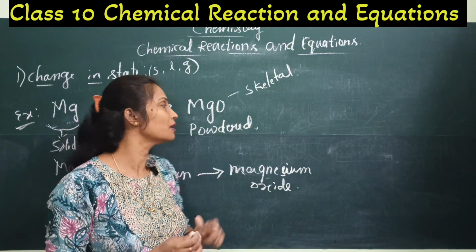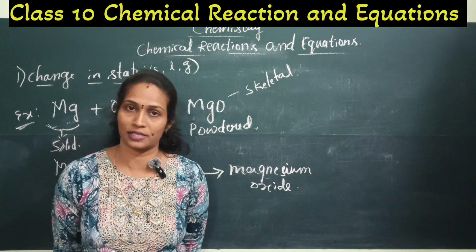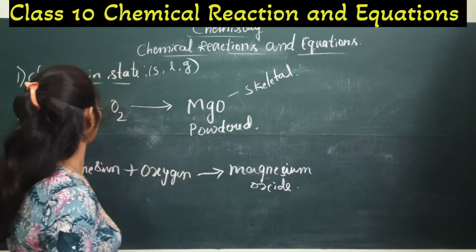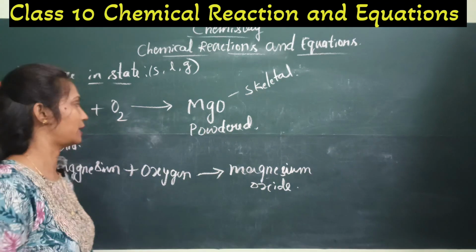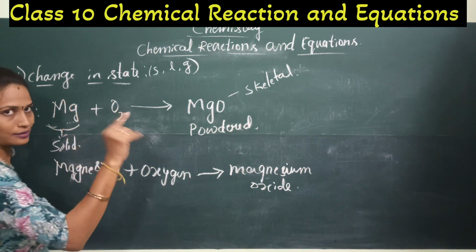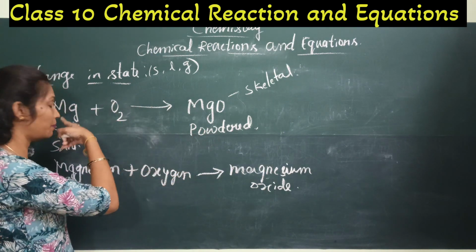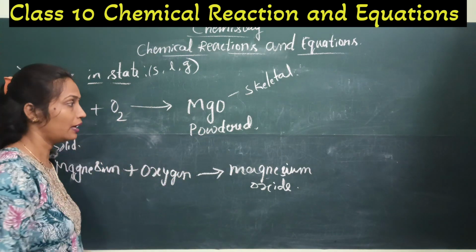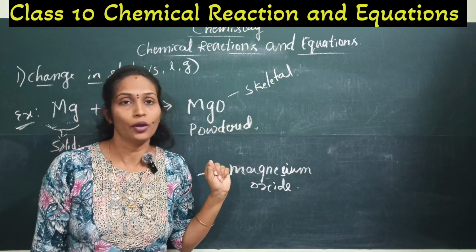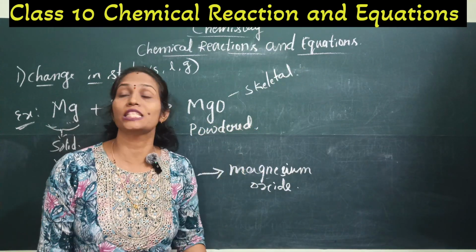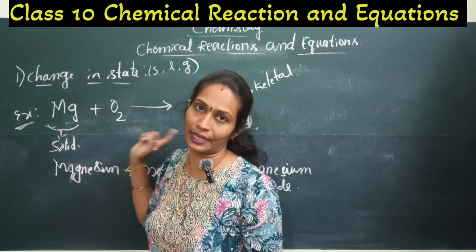That gives a powdered form of magnesium oxide, guys. When we start burning this, magnesium oxide is formed. Now I can easily say the ribbon got converted into powder. The ribbon is in which state, guys? Solid. Now the state has changed to powdered form. That is called a change in state. For this, you can give this example.